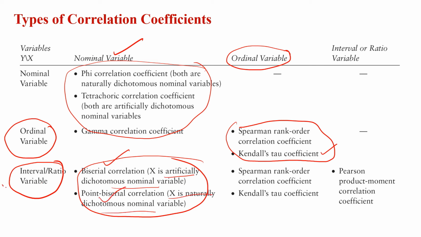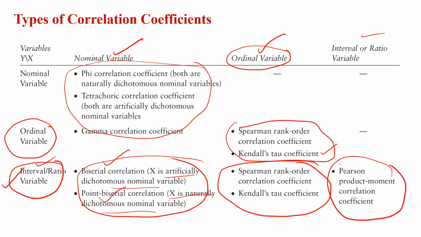If one of the variables is interval or ratio scale, whereas the other one is ordinal, again we can apply Spearman's or Kendall's coefficient. Similarly, if both the variables are interval and ratio, then we can apply Pearson product moment correlation coefficient if the data follow the normal distribution. If data do not follow the normal distribution, then we can apply bootstrapping or even Spearman's or Kendall's coefficient as well.